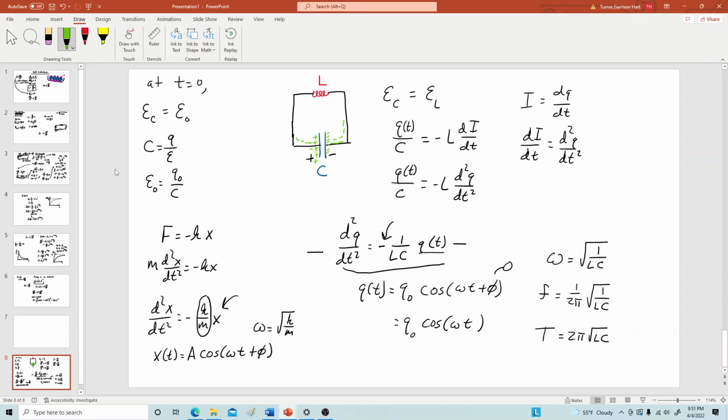And so your plates are going to discharge fairly rapidly, but that produces a back EMF through the inductor. And so then the electrons reverse their direction, because now the inductor has induced an oppositely directed electric field due to an oppositely produced potential.